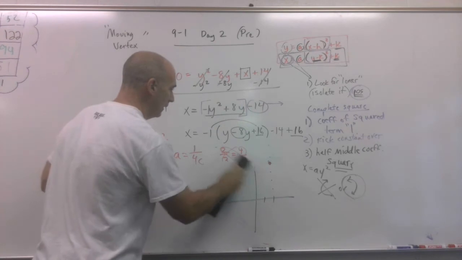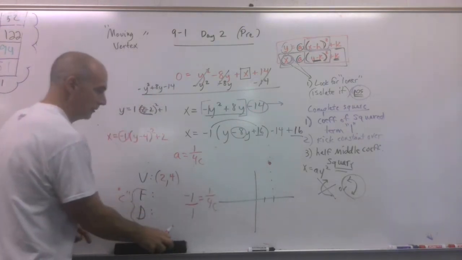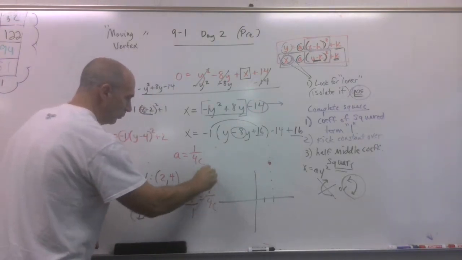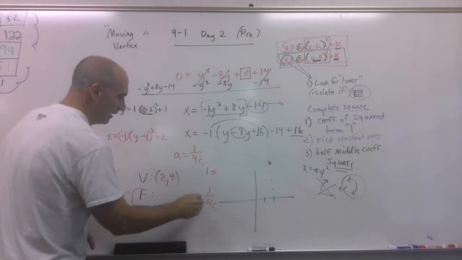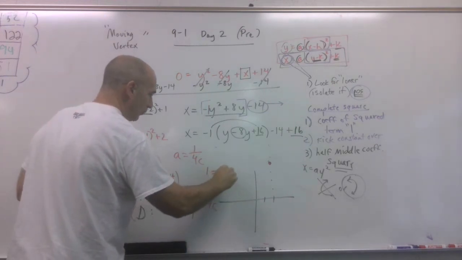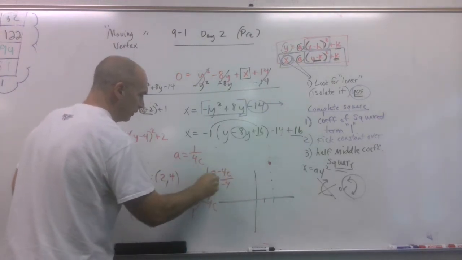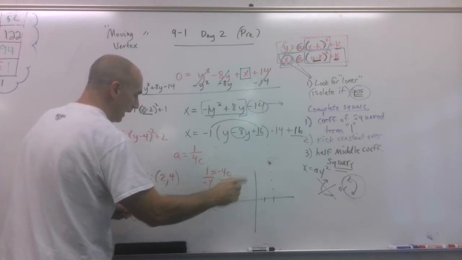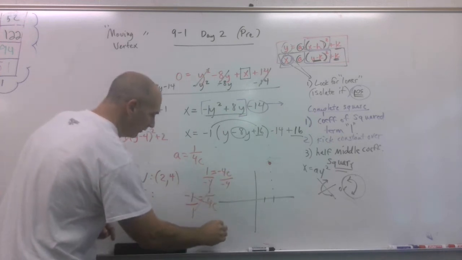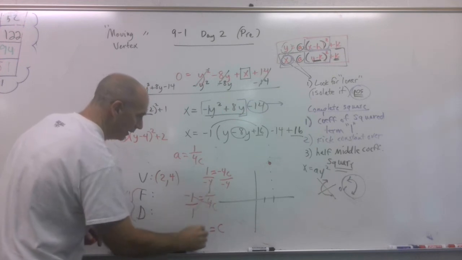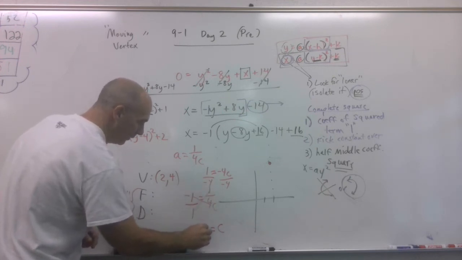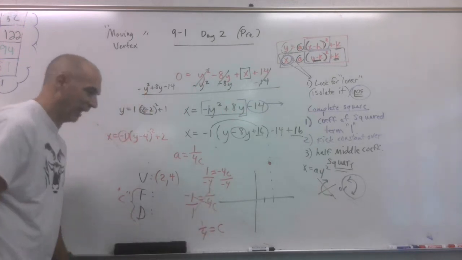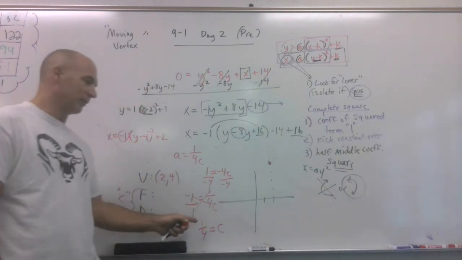I'm going to say, okay, I'm going to cross multiply. 1 times 1 is 1. 4c times negative 1 is negative 4c. Divide by negative 4, divide by negative 4, and I get c is negative 1/4.